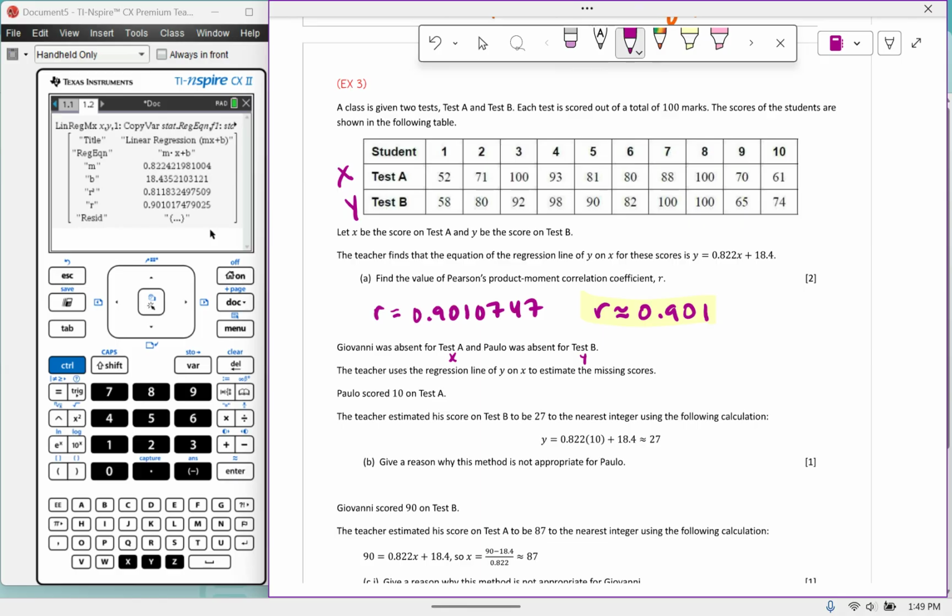Just like that extrapolation thing, like 10 is... Yes, very good. Extrapolation. So it's out of the realm of the data that we've examined and generated the model for, right? What did they get? A 10. That's way below everybody else, right? So we would say that's extrapolation. 10 is way below the rest of the test A scores.